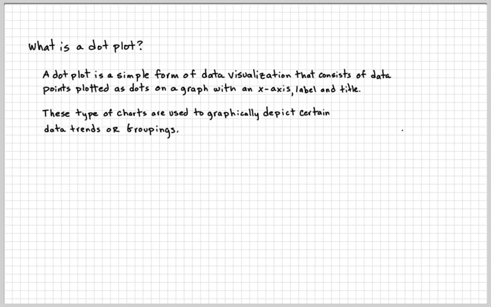Dot plots are usually used with discrete data, and with discrete data it's easier to use dots to represent the pattern of your sample. Usually it's a sample, not a population.